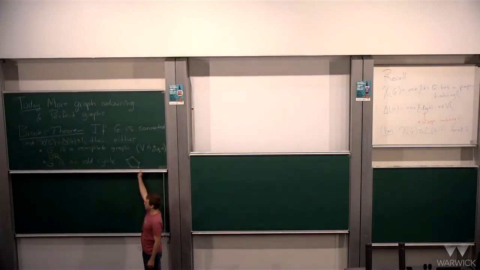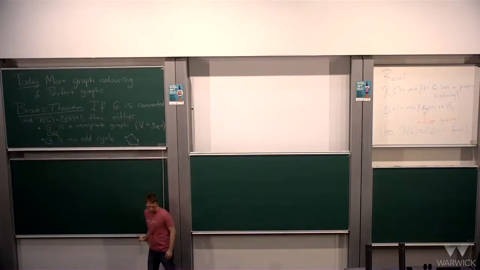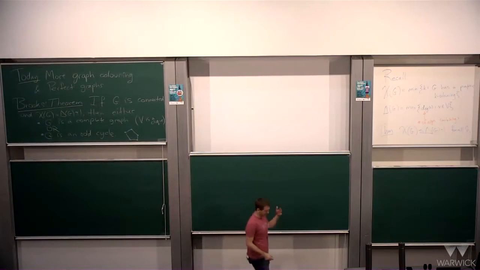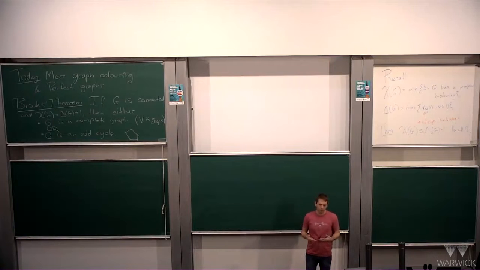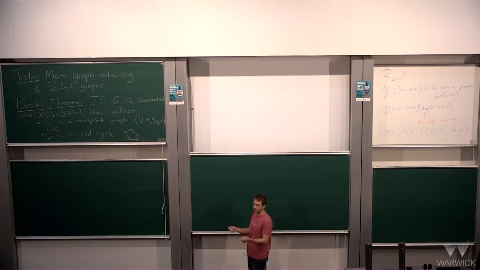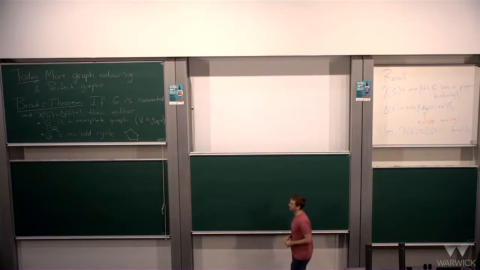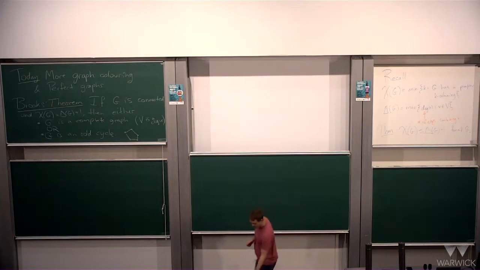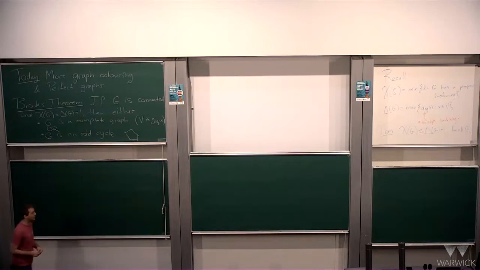Okay, so now we sort of understand these trivial upper bounds on the chromatic number, that it's upper bounded by the maximum degree, or the maximum degree plus 1 in some small cases. And so now we're going to focus today mostly on lower bounds.